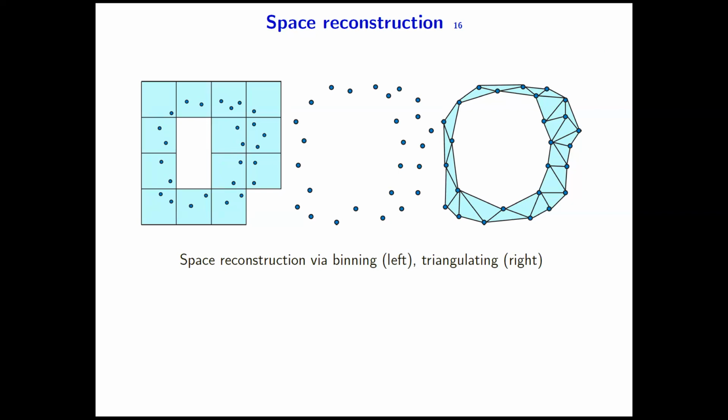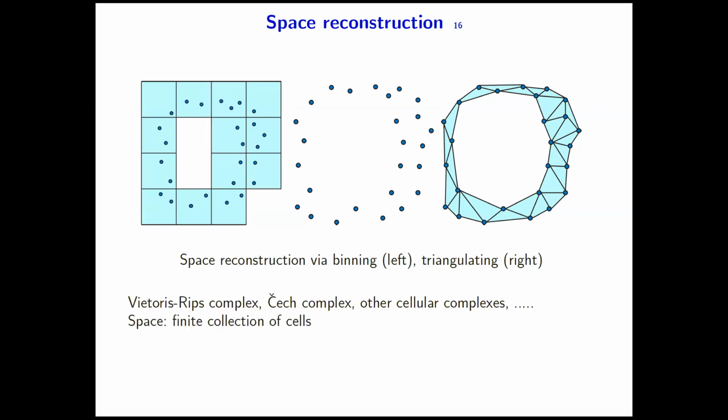So you take a division into, for instance, cubes, high-dimensional cubes, and then you look where these points of the cloud sit, and you take this part of the space where you have at least one representative, or maybe at least two representatives, or you just try to build a simplicial complex out of this.